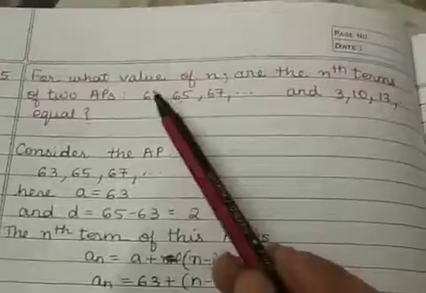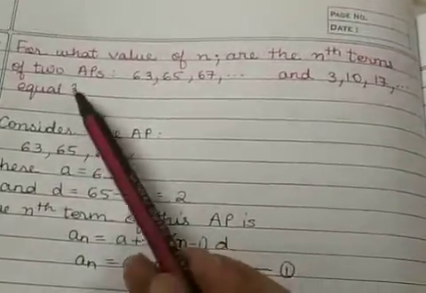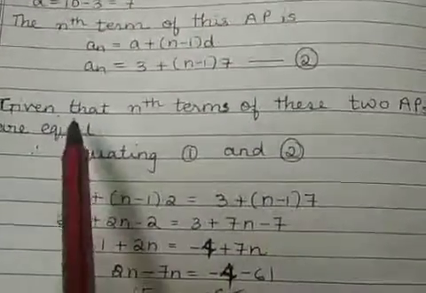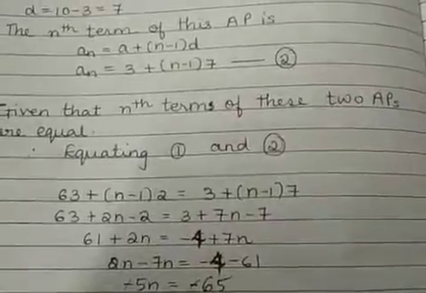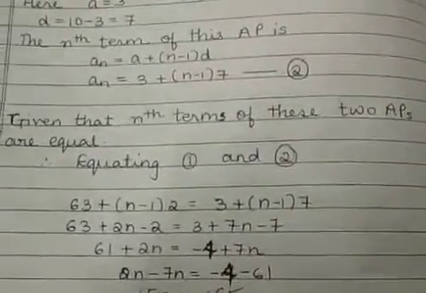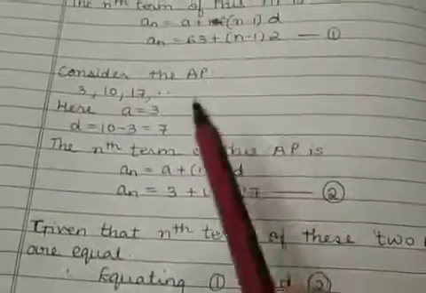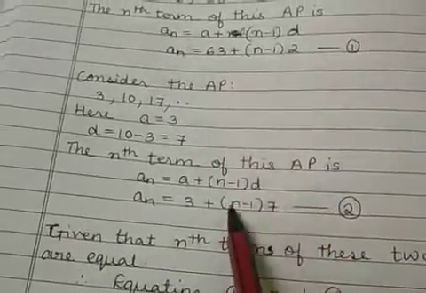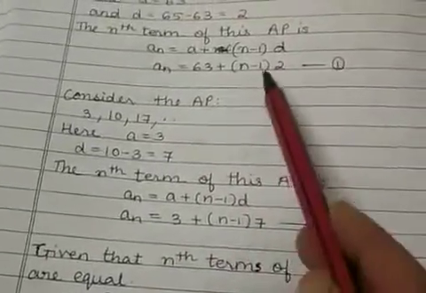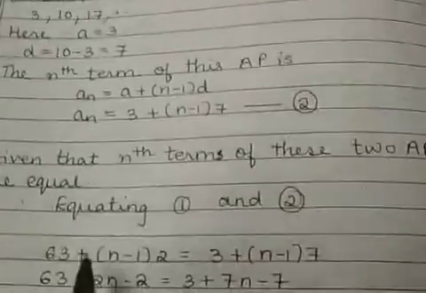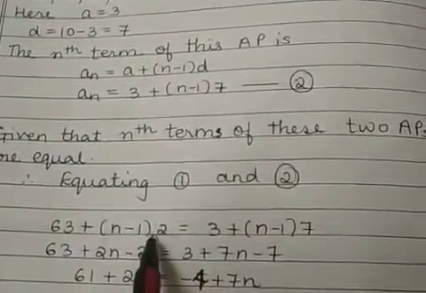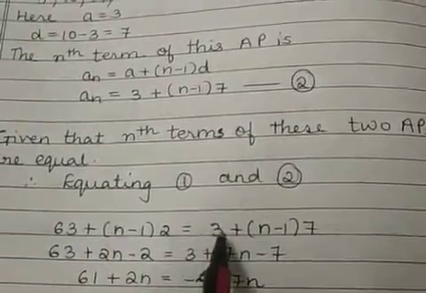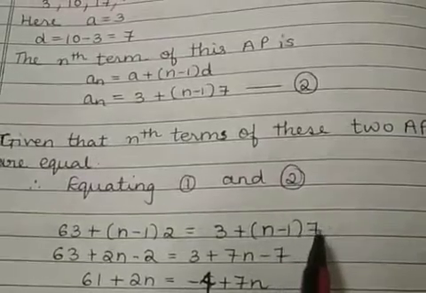Now in the question it is given that the nth terms of these two APs are equal. So I can equate 1 and 2. So 63 plus (n minus 1) into 2 is equal to 3 plus (n minus 1) into 7.